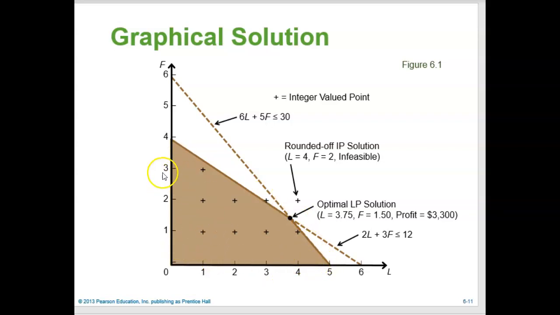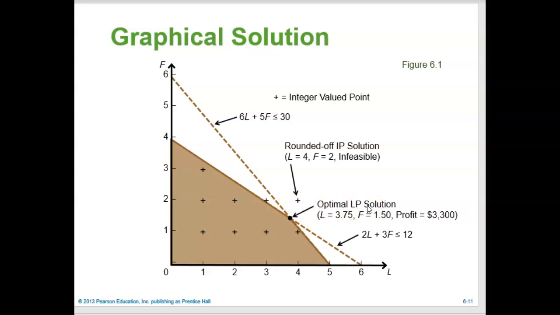Now, the optimal solution can either be this corner point here, this corner point here, or this corner point here. So you have three potentials for the optimal solution. I'm not going to solve it right now, but just by solving it, you find out that this particular corner point is the optimal value for your solution.